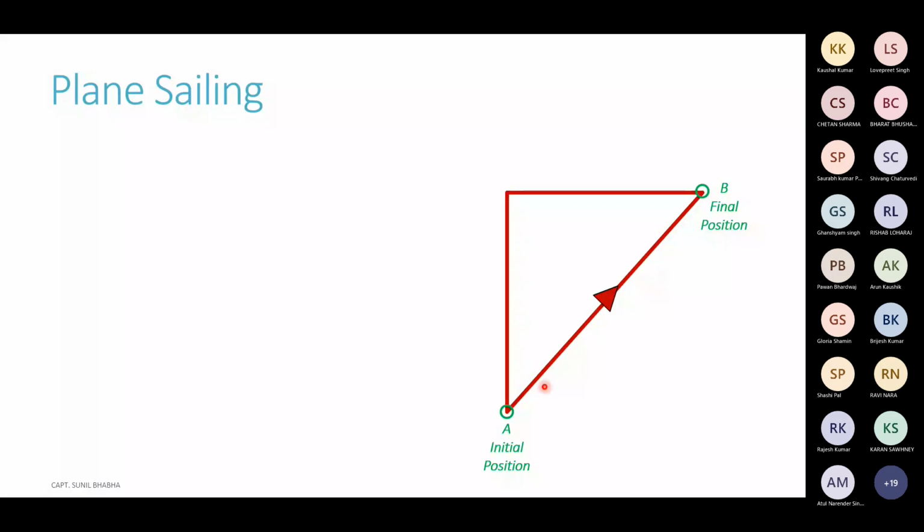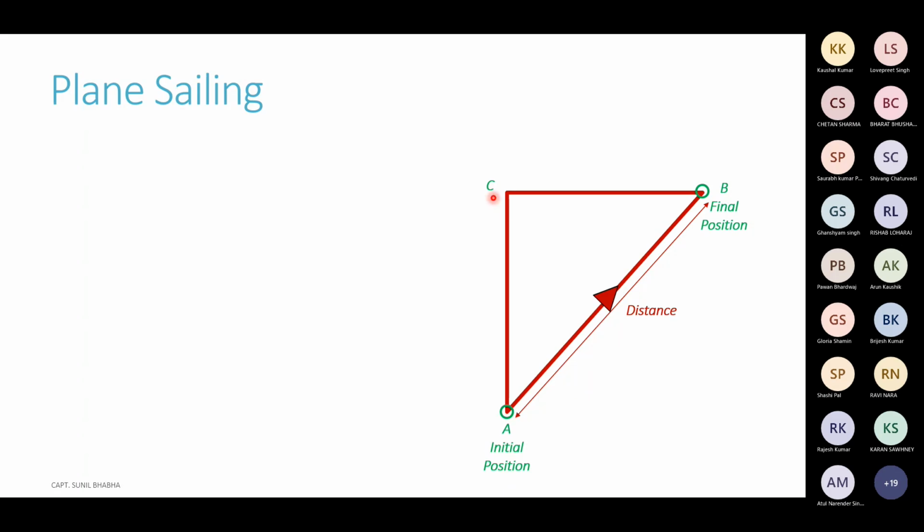Now we want to approach our destination position B starting from A. So the arrow shows the direction in which we are proceeding. And this side of the triangle, that is AB side, represents the distance which we need to cover to reach our destination. So this is one of the items which we are required to find out.